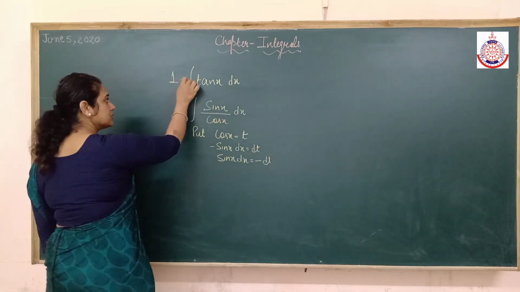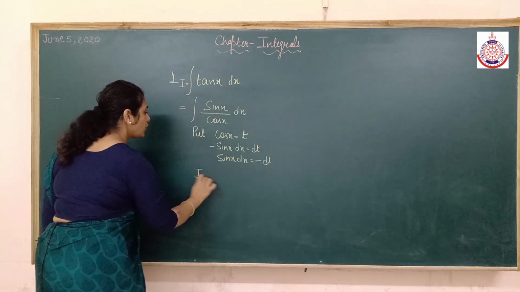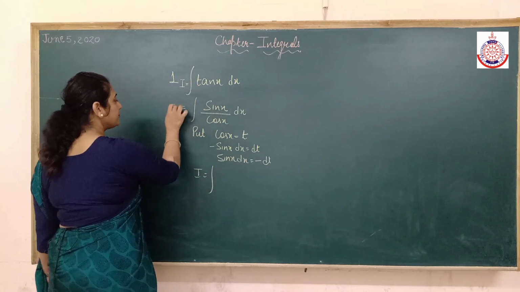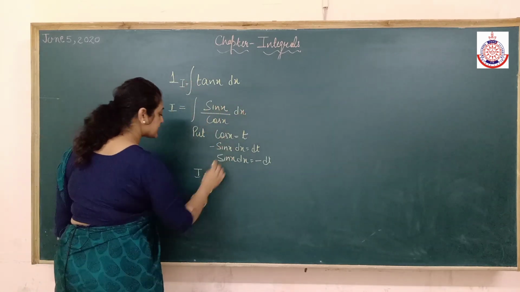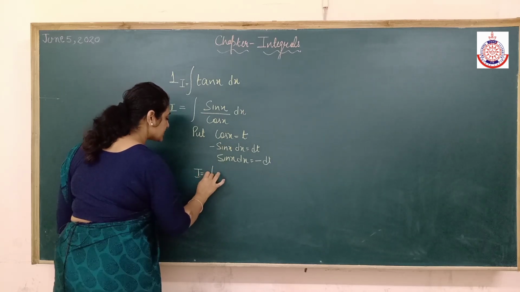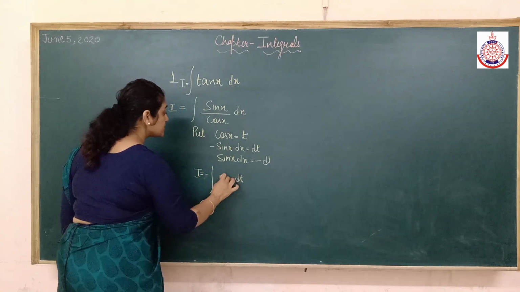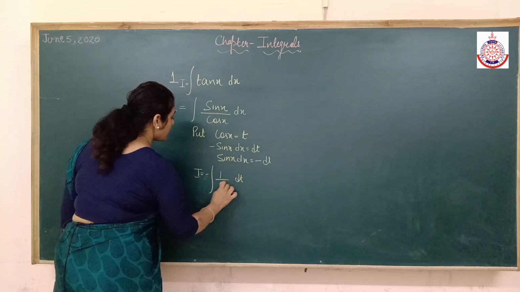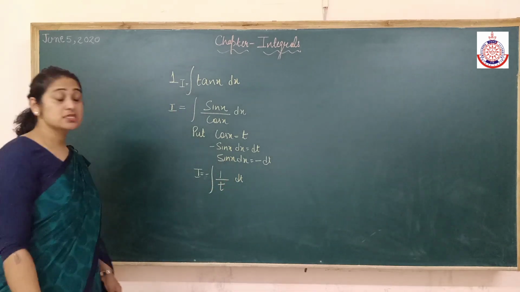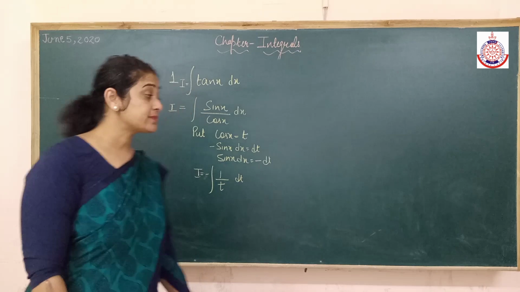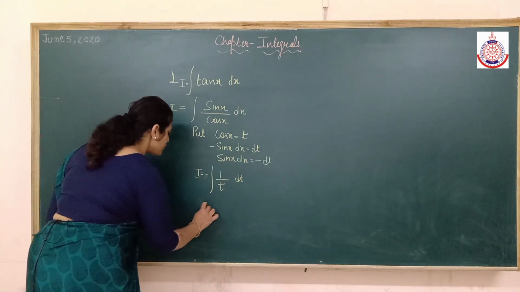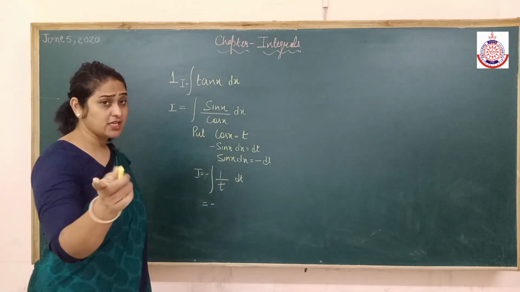Now that's it. So it has become sin x dx is minus dt. So I'm taking this minus out, and it has become 1 by t because cos is t. Now recall your formula. What is the integration of 1 by t? Everyone knows that.